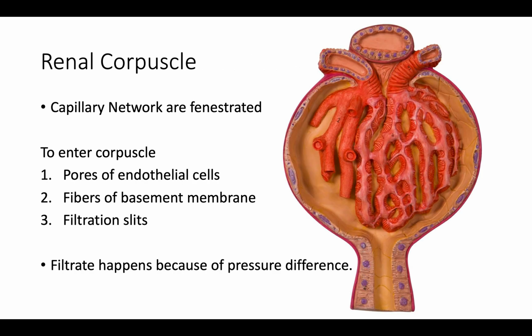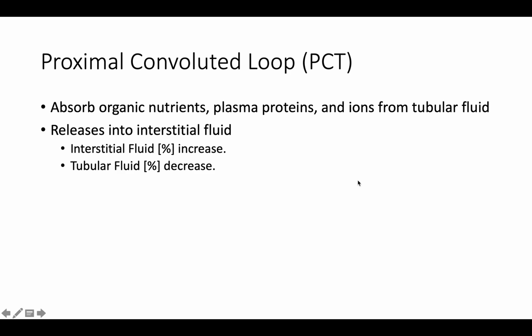After this, you go into your next structure, called the proximal convoluted tubule, or proximal tubule. It should not say loop here. It should be tubule, so that is a mistake. I will fix that. It should be PCT, proximal convoluted tubule.